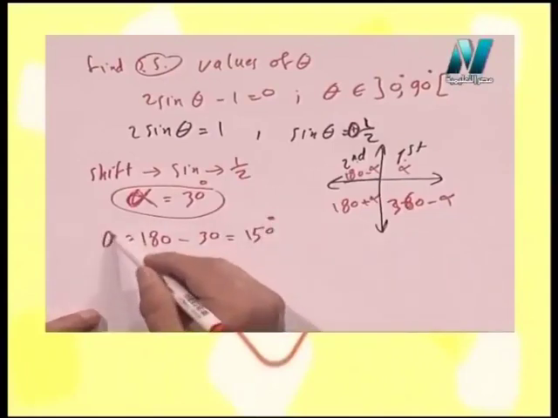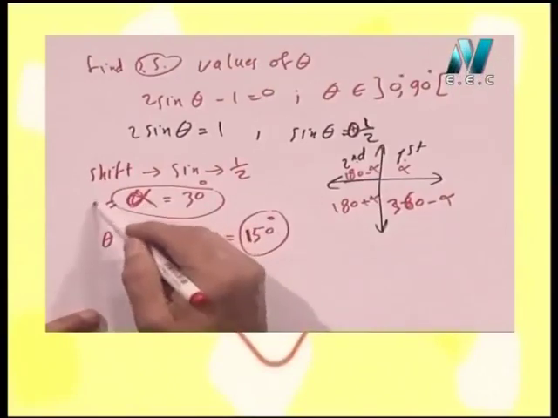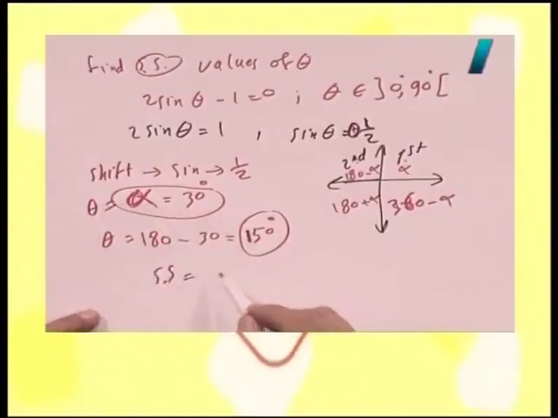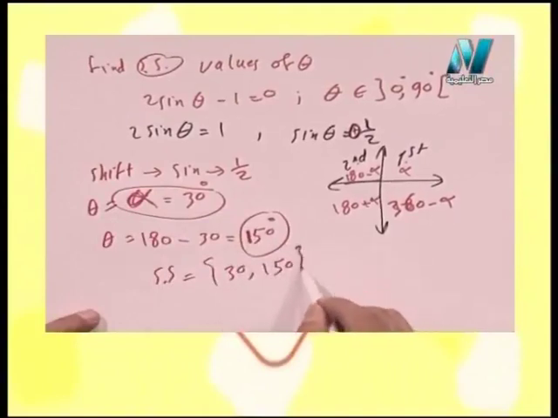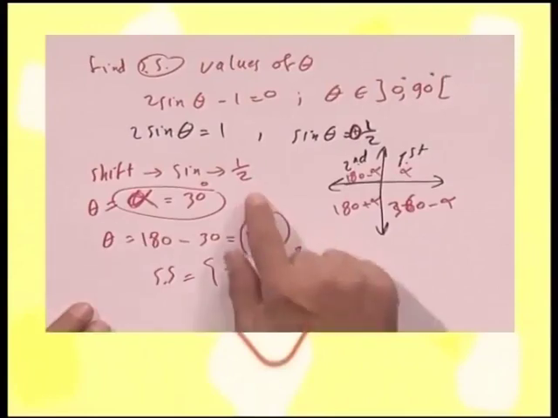So theta equals this value, and theta also equals 30. So the solution set will be 30 and 150, as we know before that 30 and 150 give the half.